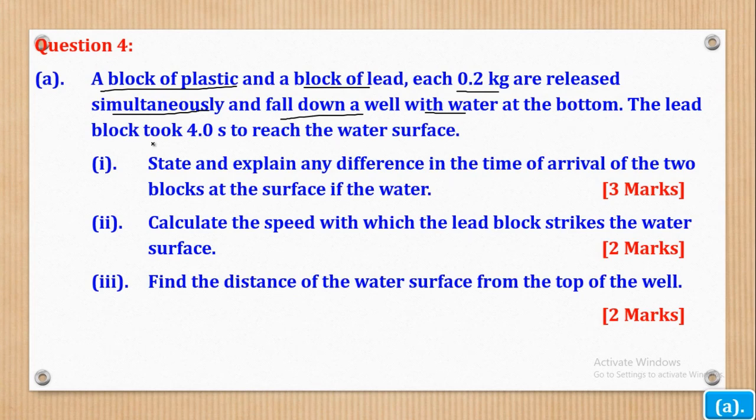The lead block took 4 seconds to reach the water surface. Roman 1. State and explain any difference in the time of arrival of the 2 blocks at the surface of the water.